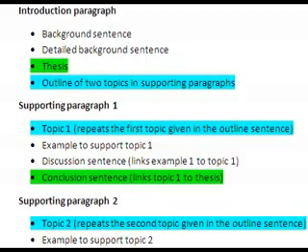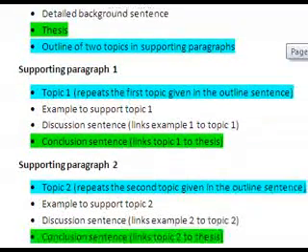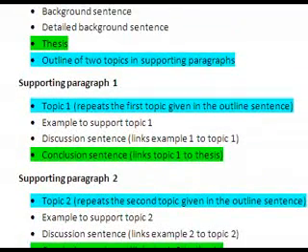That's the introduction paragraph. Now, if we look to supporting paragraph 1, it starts with a topic, and this topic was first presented in the outline of the two topics in the last sentence of the introduction paragraph. So you can see here in blue linked together. Following the topic, you give an example to support your topic, a discussion statement to link your example to your topic, and then finally a conclusion sentence.